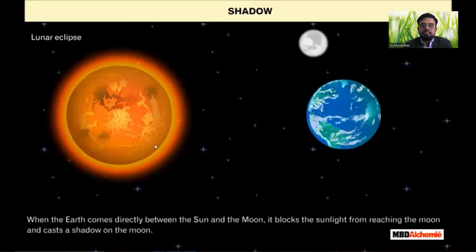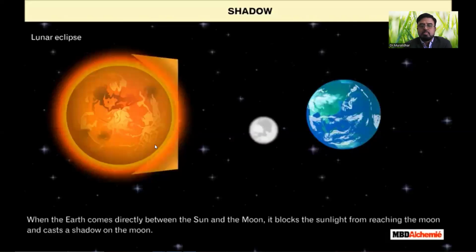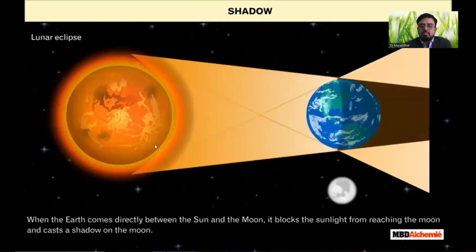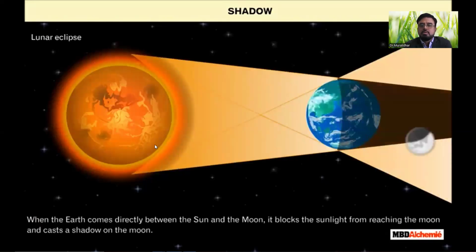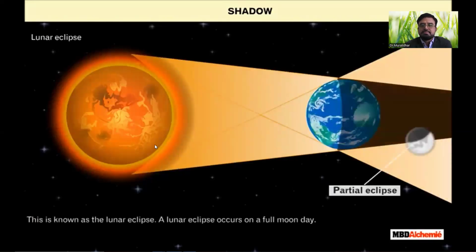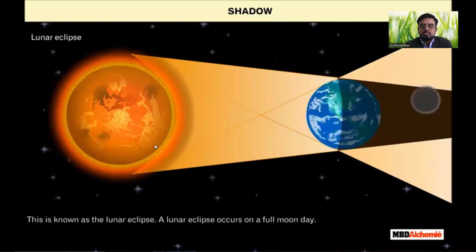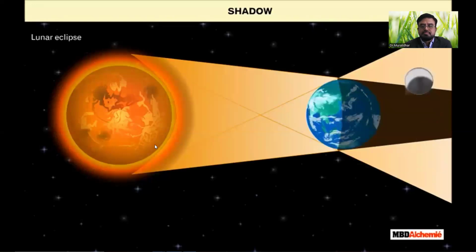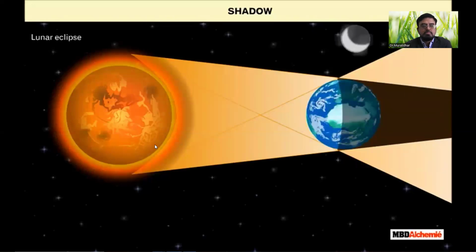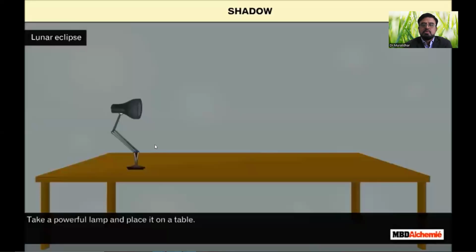When the earth comes directly between the sun and the moon, it blocks the sunlight from reaching the moon and casts a shadow on the moon. This is known as the lunar eclipse. A lunar eclipse occurs on a full moon day. Let us perform an activity to show how a lunar eclipse occurs. Take a powerful lamp and place it on a table.